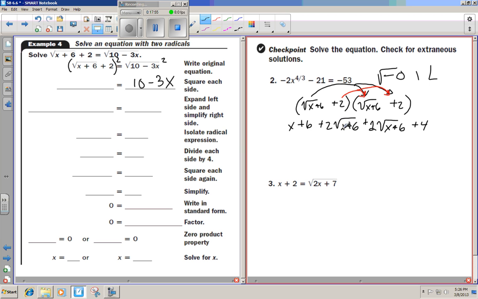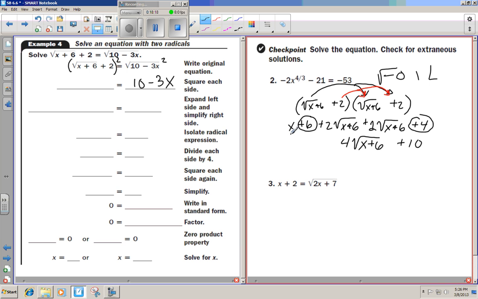Now it's a matter of combining like terms. You have 2 square root x plus 6 and 2 square root x plus 6. These are like terms. It can turn into 4 square root x plus 6. Here, you have a 6 plus 4, which gives you plus 10.